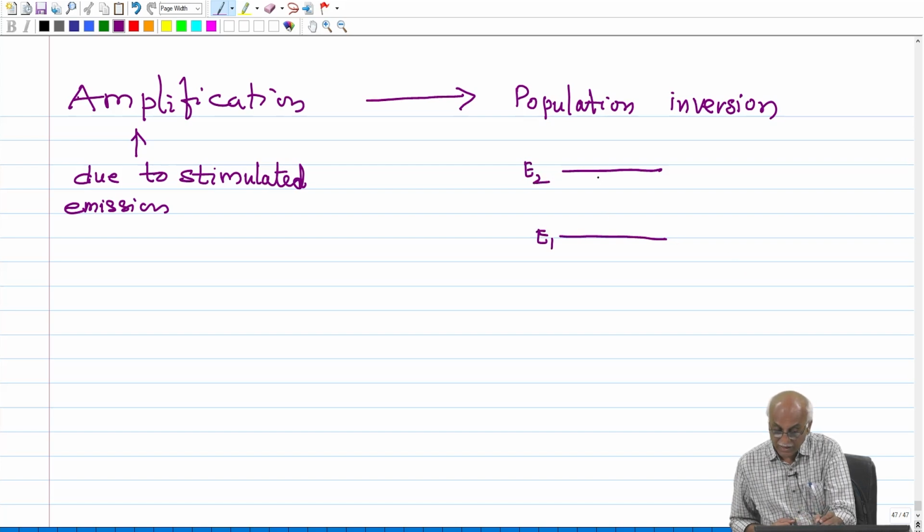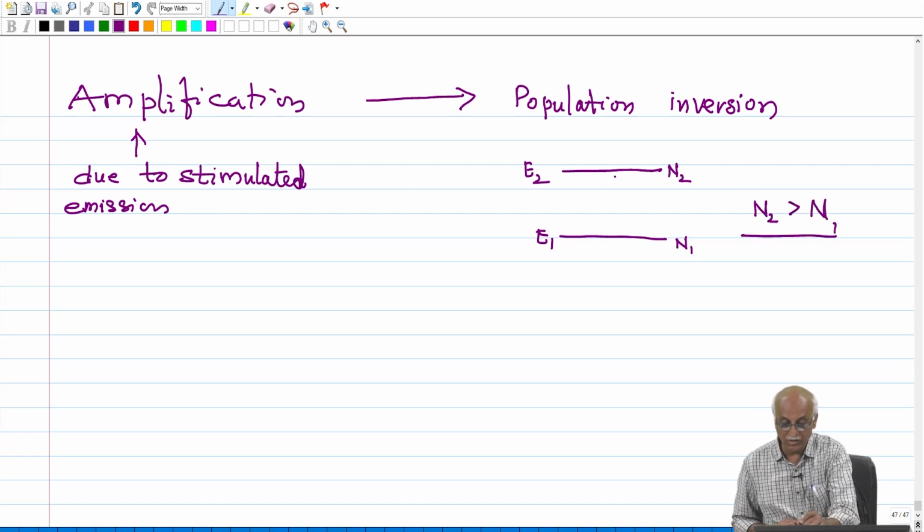If we are considering population inversion between these two energy levels with N1 and N2 as the populations of ground level atoms or excited atoms, electrons, based on that, if N2 is greater than N1, it is nothing but the population inversion, and that in turn will allow amplification.